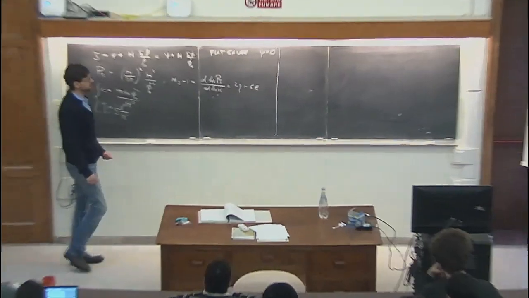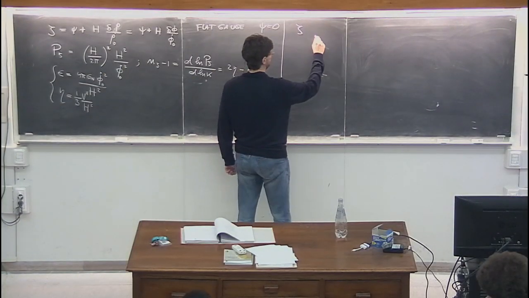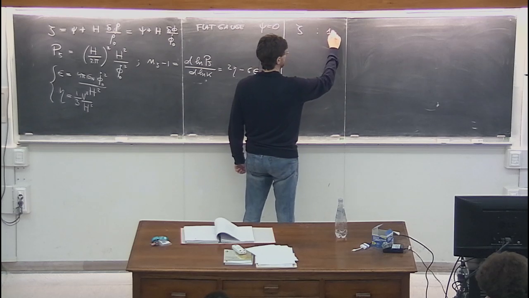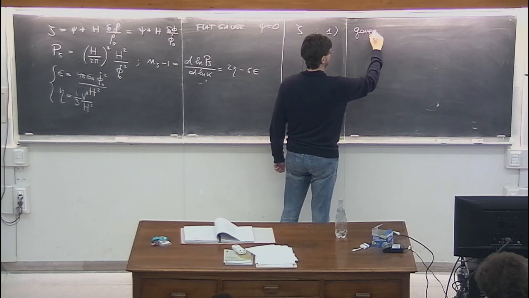Now, the quantity zeta is important for two reasons. The first reason is, of course, as we said yesterday, that by construction it's gauge invariant.